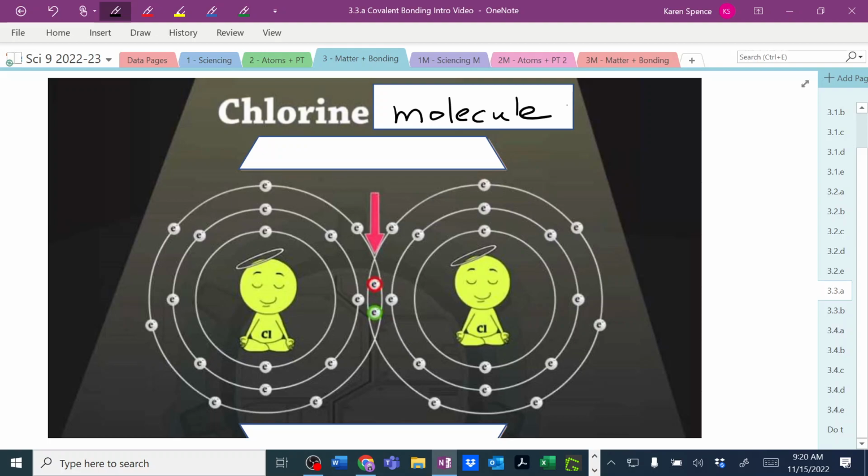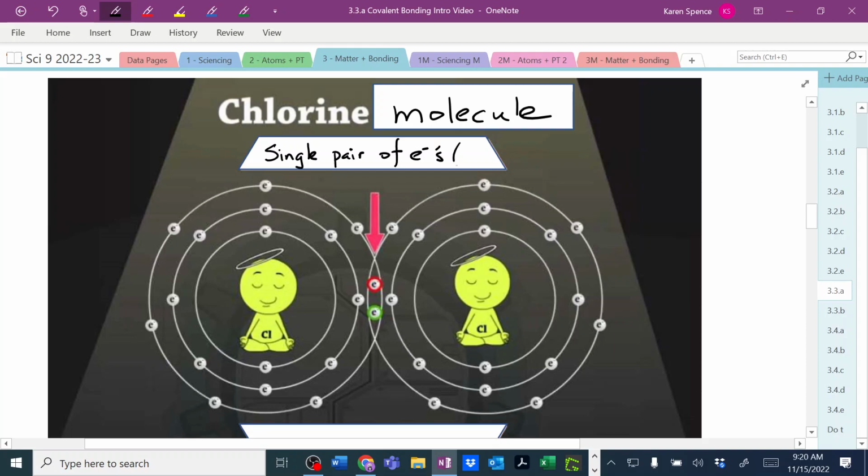And here we have a single pair of electrons.